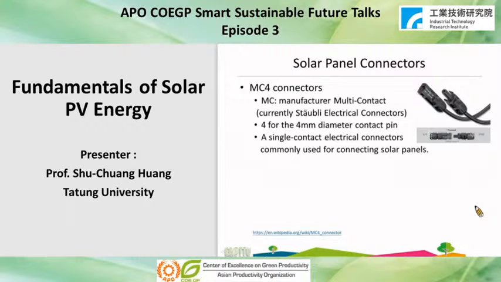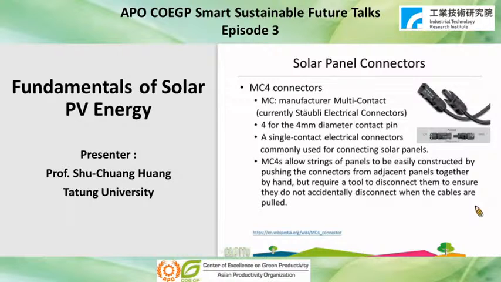It's a single contact electrical connector, commonly used for connecting solar panels. MC4 allows strings of panels to be easily constructed by pushing the connectors from adjacent panels together by hand, but requires a tool to disconnect them, to ensure they do not accidentally disconnect when the cables are pulled.